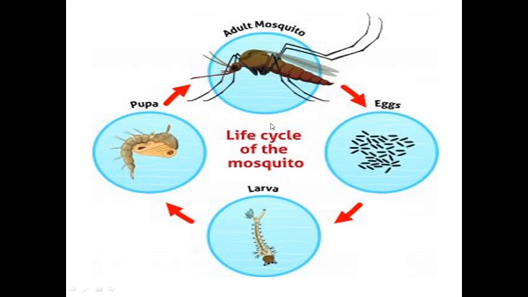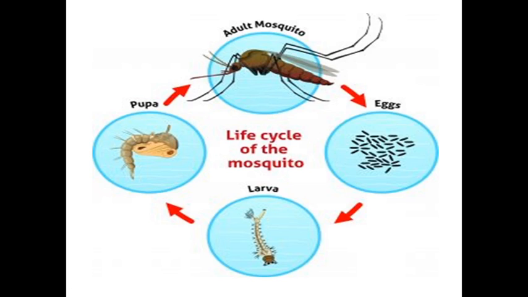Means the cycle is continuously going on. Understood the first stage? Eggs, then larva, pupa, adult mosquito. Again the adult mosquito lays eggs, changes to larva, then pupa. Again that pupa grows into the adult mosquito.